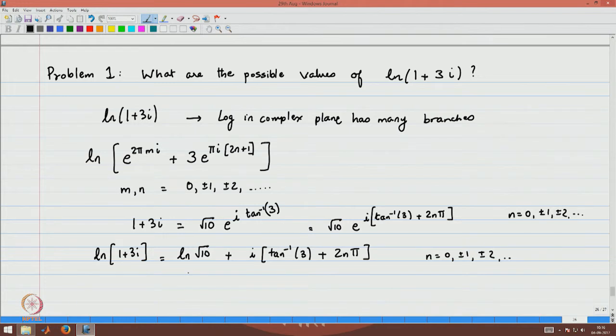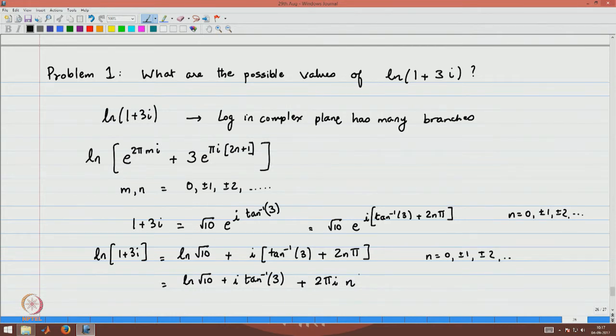These are the possible values, and you can put different values of n. If n equals 0, it will just be logarithm of root 10 plus i tan inverse 3. If you put n equal to 1, it will become plus i times (tan inverse of 3 plus 2 pi), and so on.